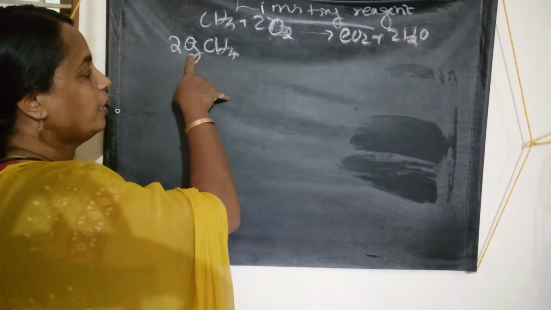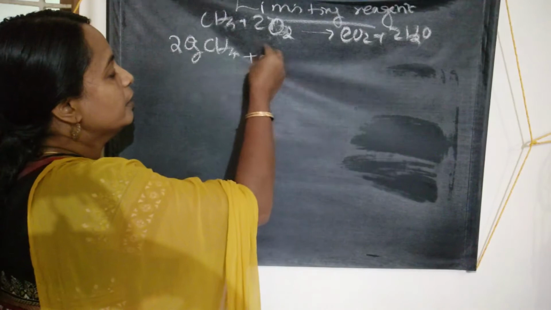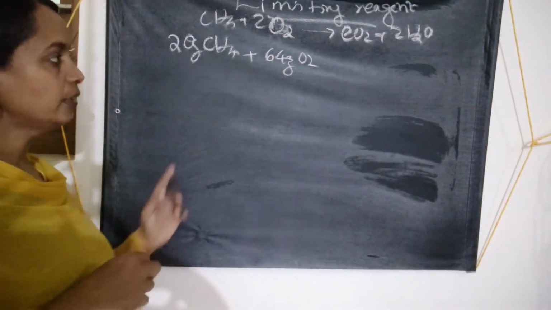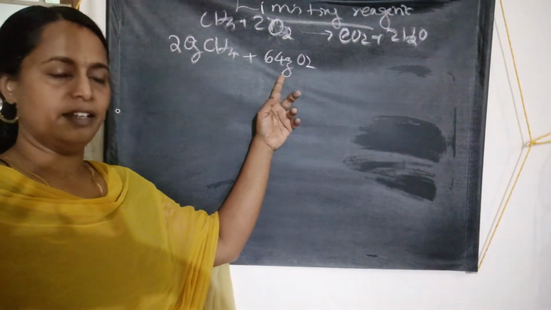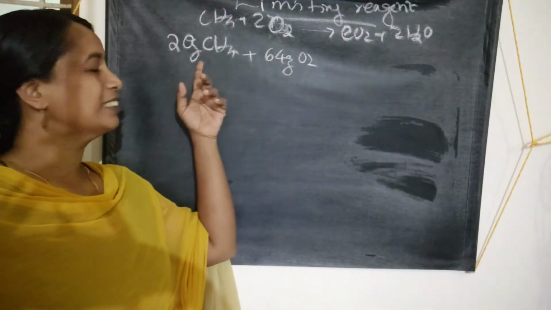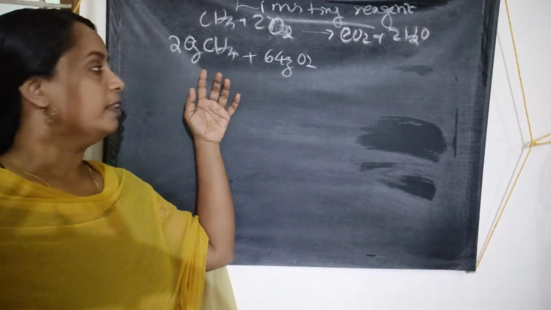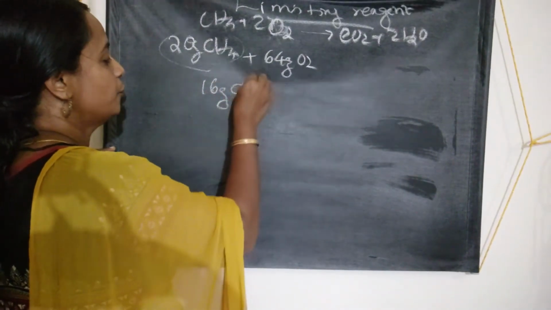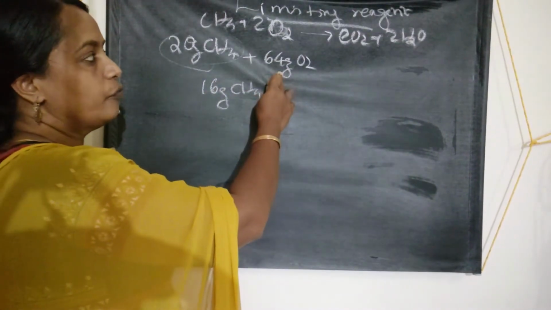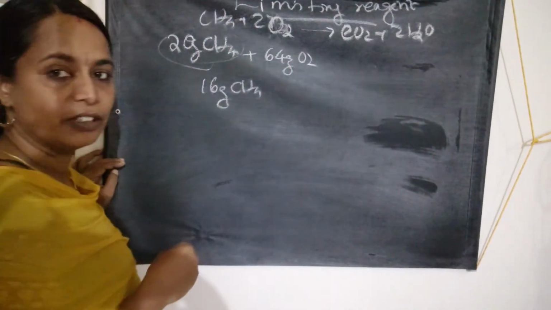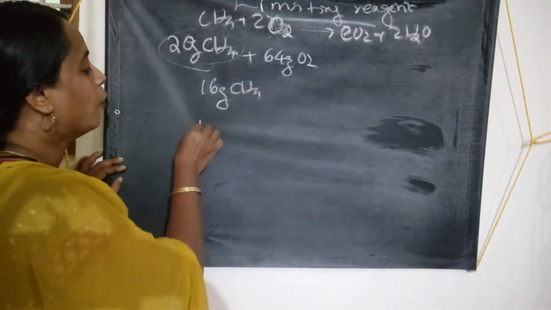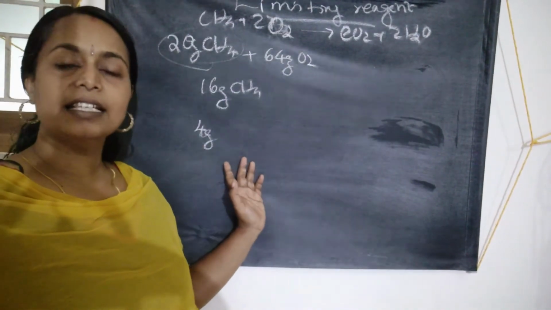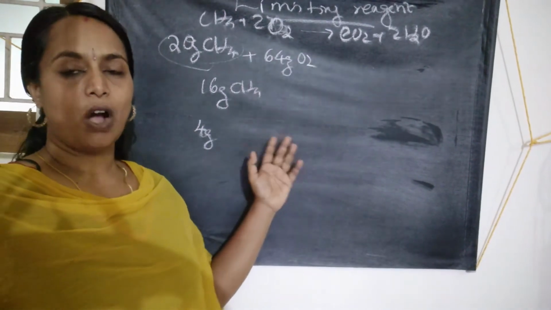But if you have 20 grams of CH4 and 64 grams of O2, then 64 grams of oxygen is needed for 16 grams of CH4. That is, from this 20 grams of CH4, only 16 grams of CH4 is used to react with the oxygen to produce carbon dioxide and water. The remaining 4 grams of CH4 remains as it is, not affected by the oxygen.